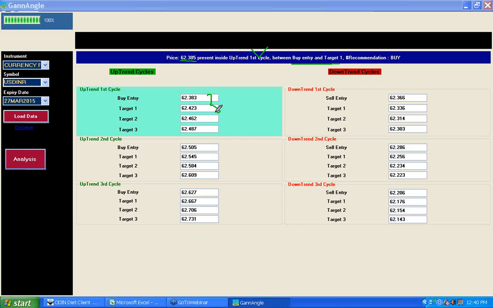In between this it is there, so I can purchase this with a stop loss of 62.36. I am at 62.385 now, slightly above the buy entry price. I can still purchase it, 62.48 will be the target, and I can keep a stop loss of 62.366. So this is how I can trade in the currencies also.